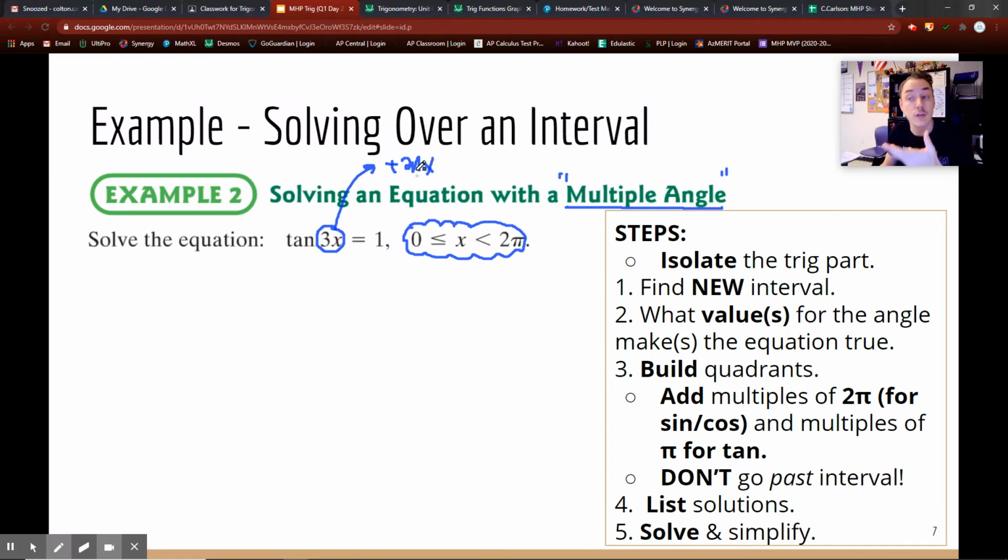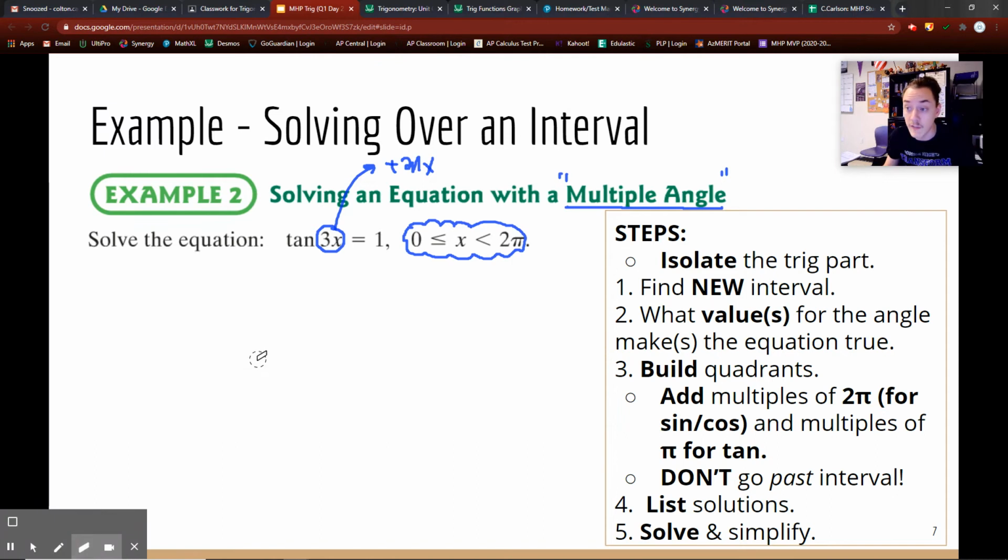It is tangent of 3x. Sometimes you'll be given tangent of 5x or cosine of 2x. Okay, that's what we call a multiple angle. In other words, your angle has something multiplied by it. If it's 1/2, if it's 3, if it's 5, if it's 10, that means it's what we call a multiple angle.